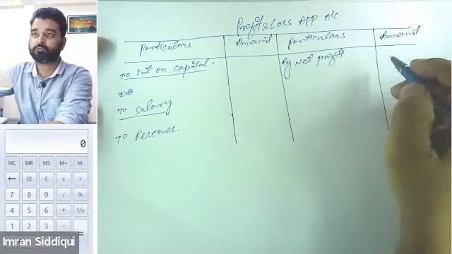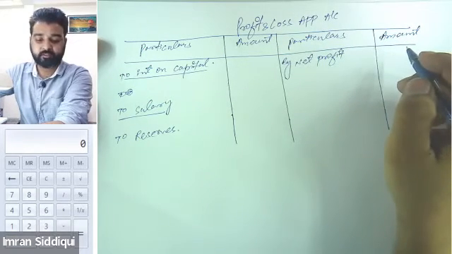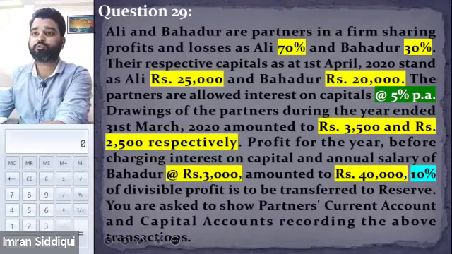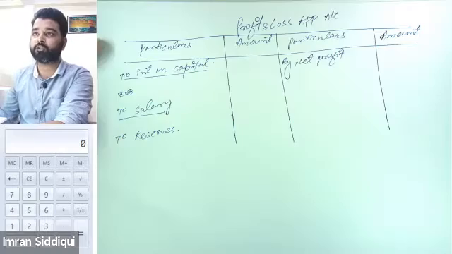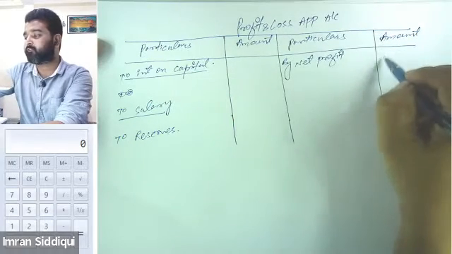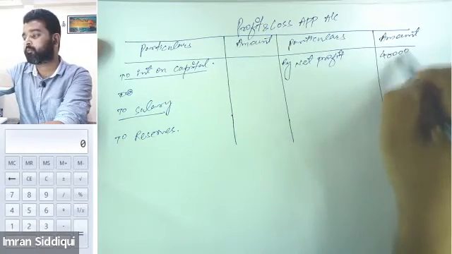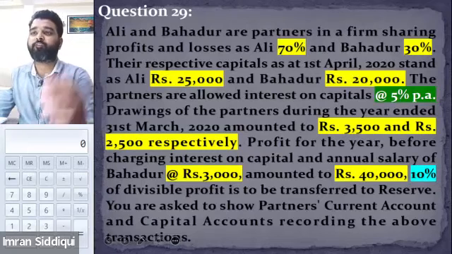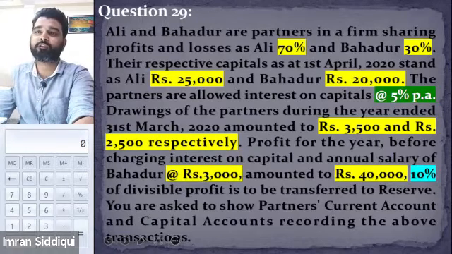So first of all, we have been provided with a profit. See, profit is given in the question. Let me show you. You can see at the very end, the 40,000 is the amount of profit, right? So this will be recorded in the P&L appropriation on the credit side, 40,000. The question also says that this profit for the year is before charging interest on capital and annual salary.